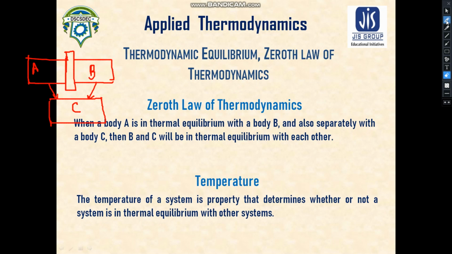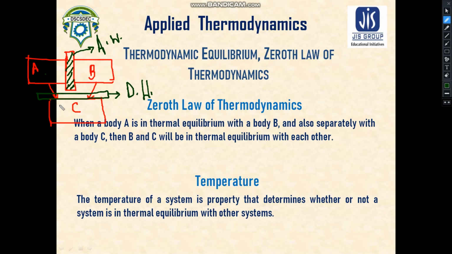Let us consider system A and system B. They are separated by an adiabatic wall, so there is no exchange of energy between A and B, but they are interchanging energy with a separate system, which is system C. So this one is adiabatic and this one is diathermic.